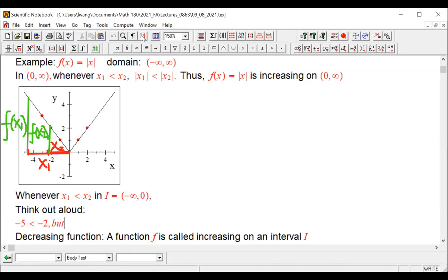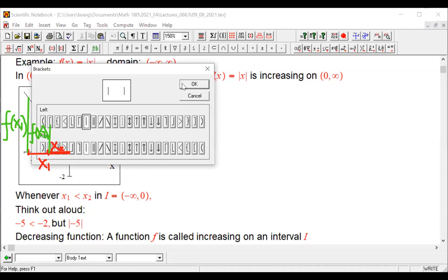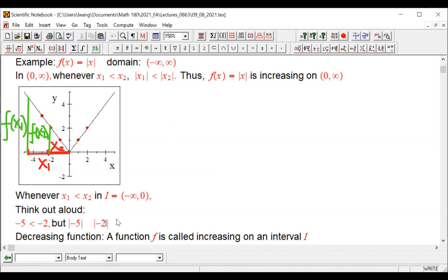But if we take the absolute value of -5 and the absolute value of -2, which one would be larger? The -5, aka +5. That's right, it's going to be reversed. Do you follow me?